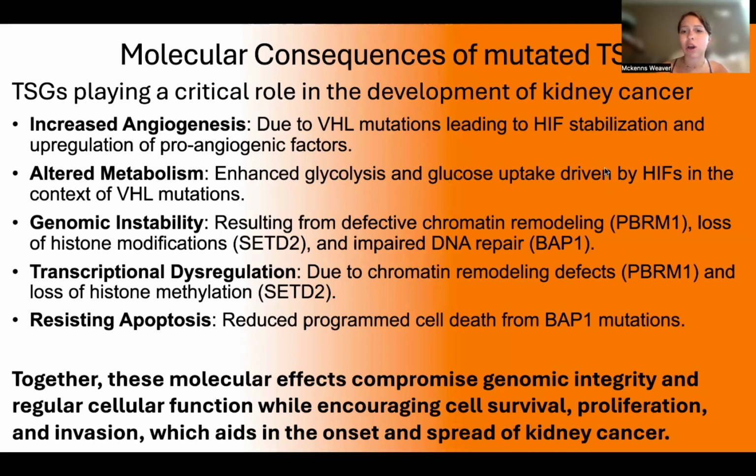All of these effects compromise genomic integrity and regular cellular function while encouraging cell survival and invasion, which aids kidney cancer. So it's mostly the mutated TSG. When there's mutations involved, it helps the tumor survive and live in this certain area. This can play a role in any kind of cancer, but in kidney cancer, this is exactly what it does.